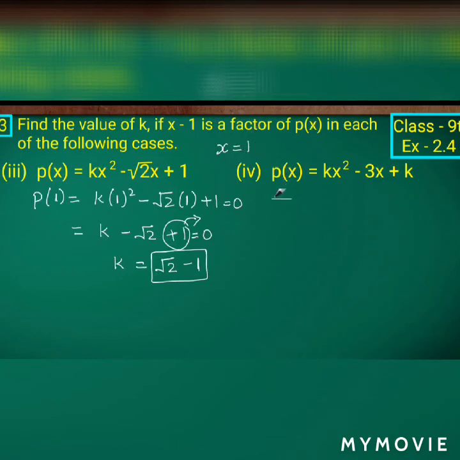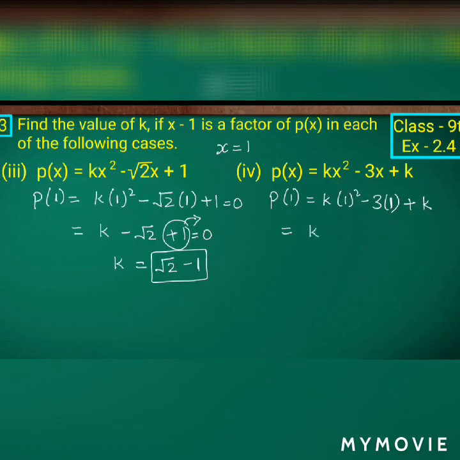So in the same way, x is equal to 1 should be substituted in the next polynomial, that is p of 1, which is equal to k into 1 square minus 3 into 1 plus k, and it should be equal to 0. That is, k into 1 square is k, isn't it?